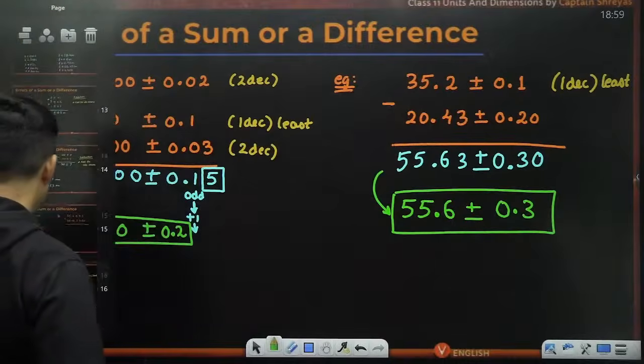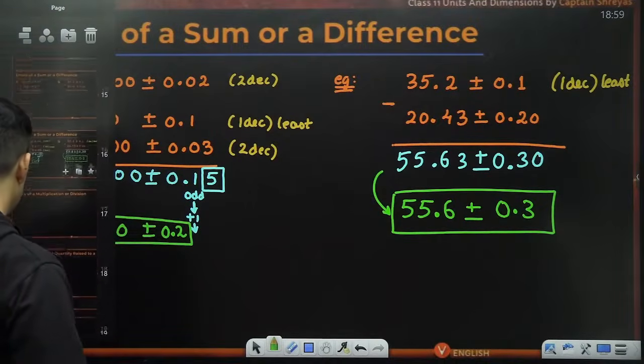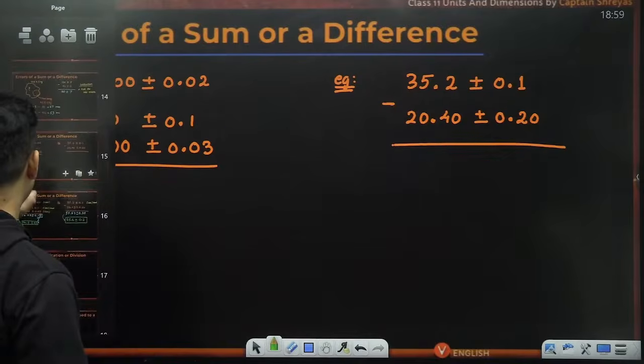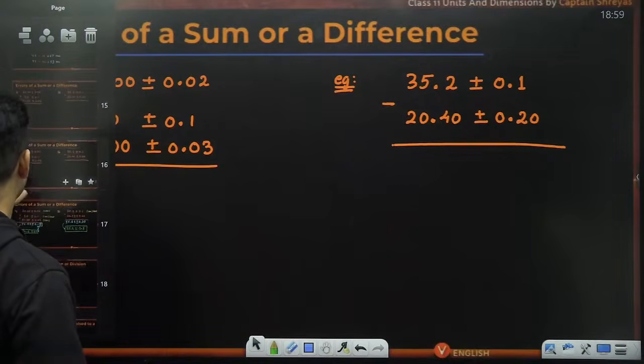Now, many times it will happen. One second.